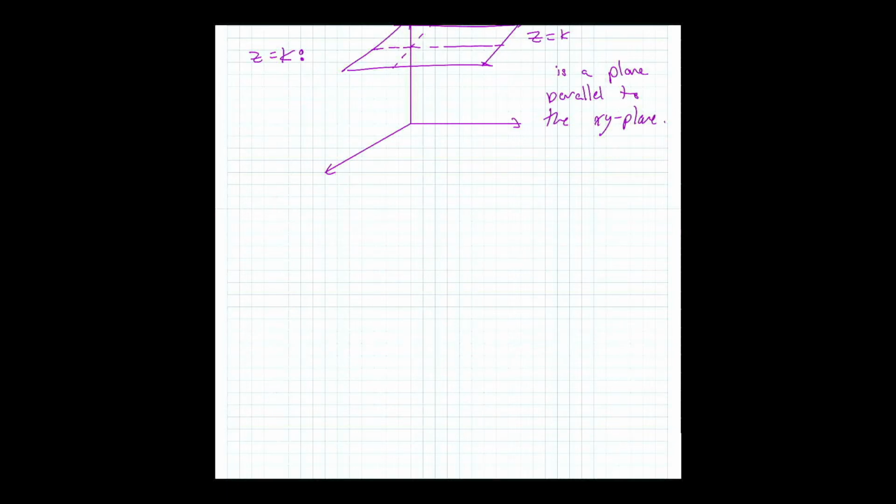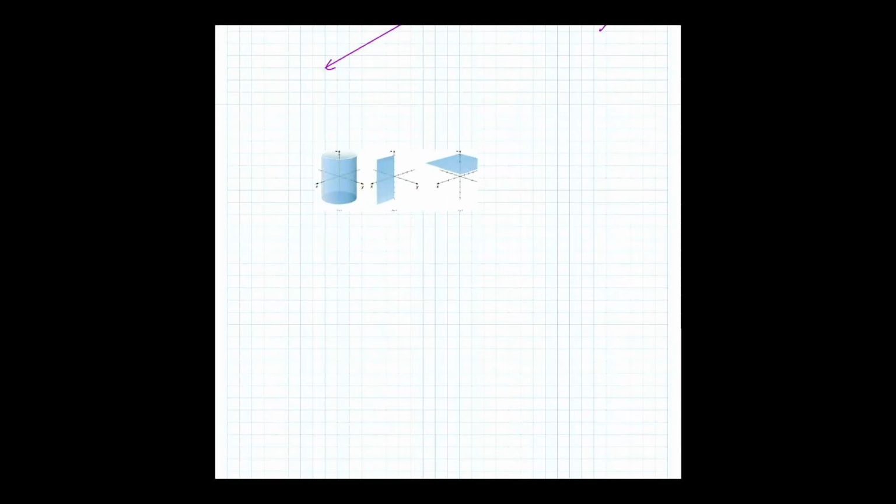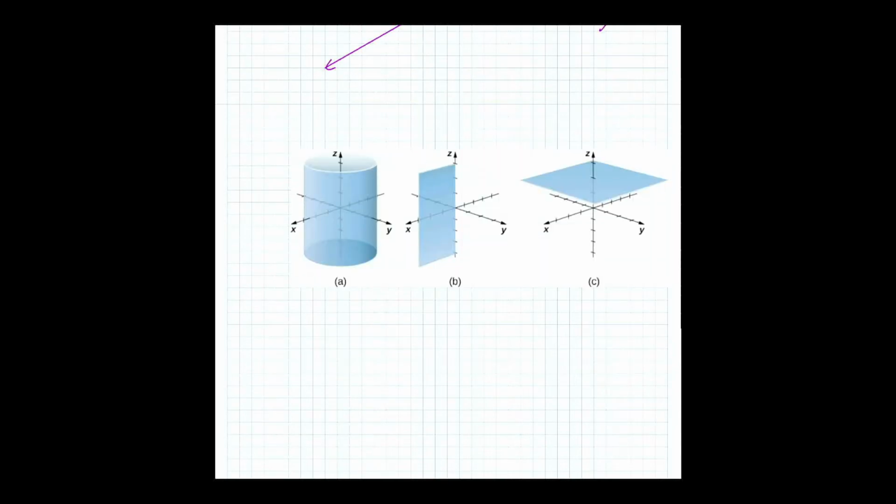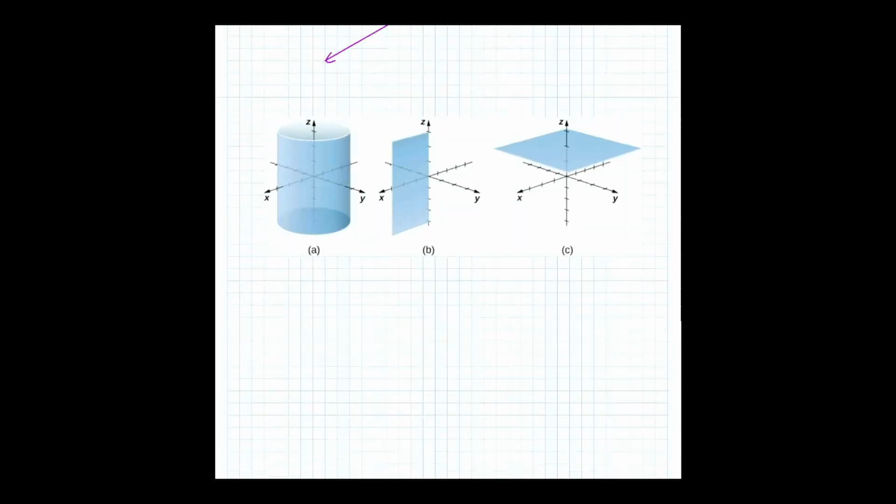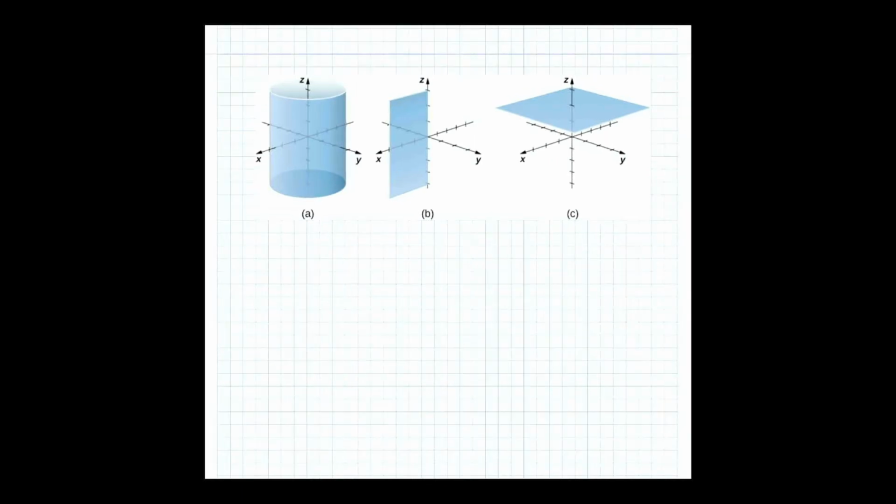Okay, there they are. All right, I think it's this. Okay, yeah. So this is what happens if r equals a constant. This is what happens if theta equals a constant, and this is what happens if z equals a constant. This is in cylindrical.